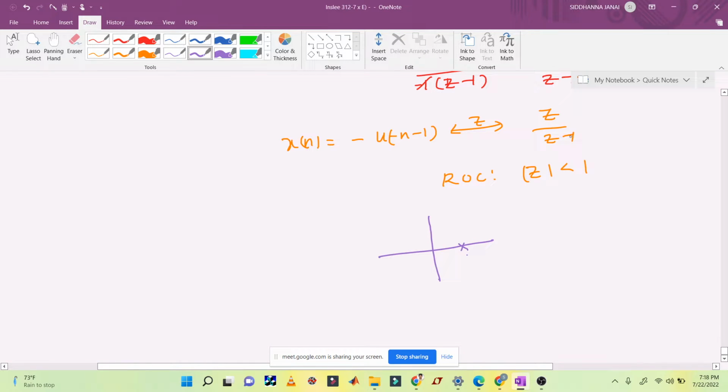You can understand here, if you substitute z is equal to 1, 1 minus 1 is 0. So at z is equal to 1, 1 divided by 0 is infinity. So this is a pole.